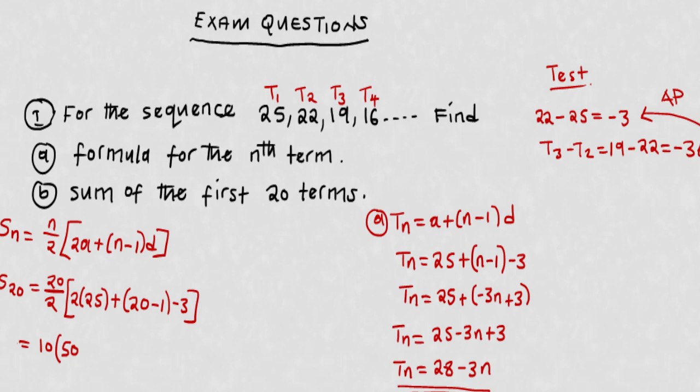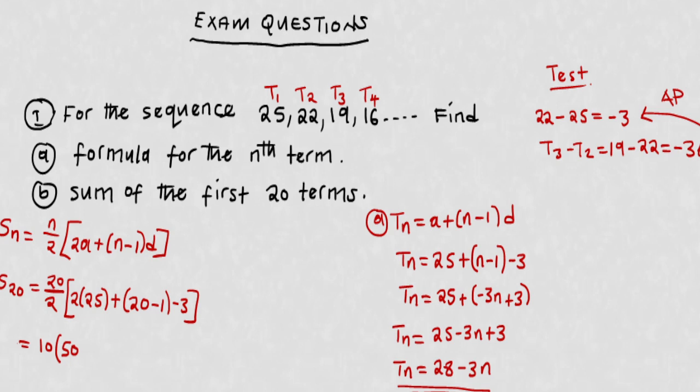Now if you say 19 times negative 3, we get negative 57. You can try that and see what you're going to find. So I'm going to write negative 57 there.